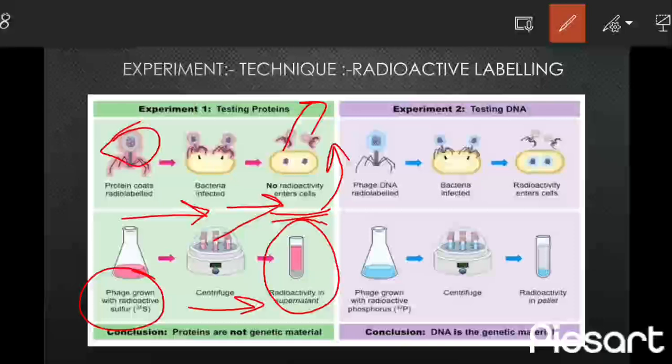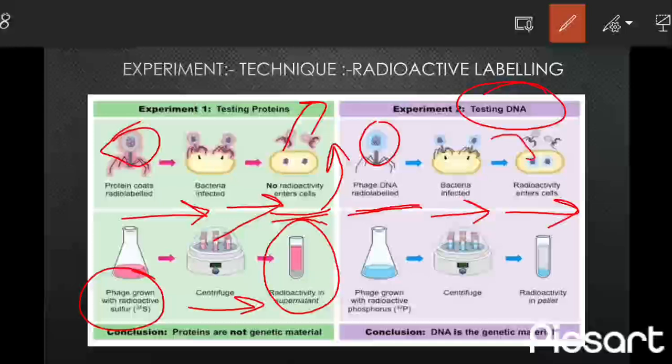In the second experiment, testing on DNA was carried out. Here DNA was radioactively labeled with 32P phosphorus. Then infection was done on bacteria. Radioactivity enters inside the cell because DNA is carried inside the cell. When phages were grown with radioactive 32P phosphorus, after centrifugation, what do we get?